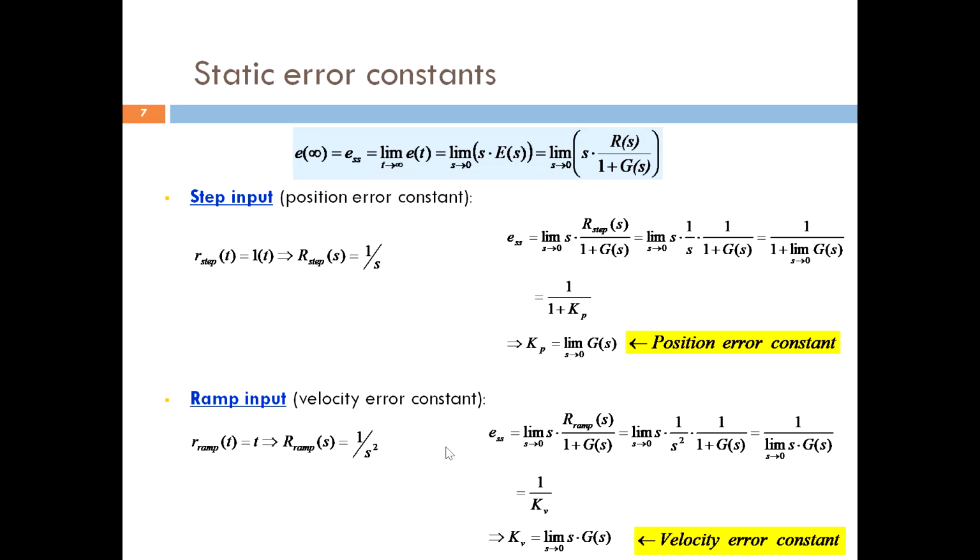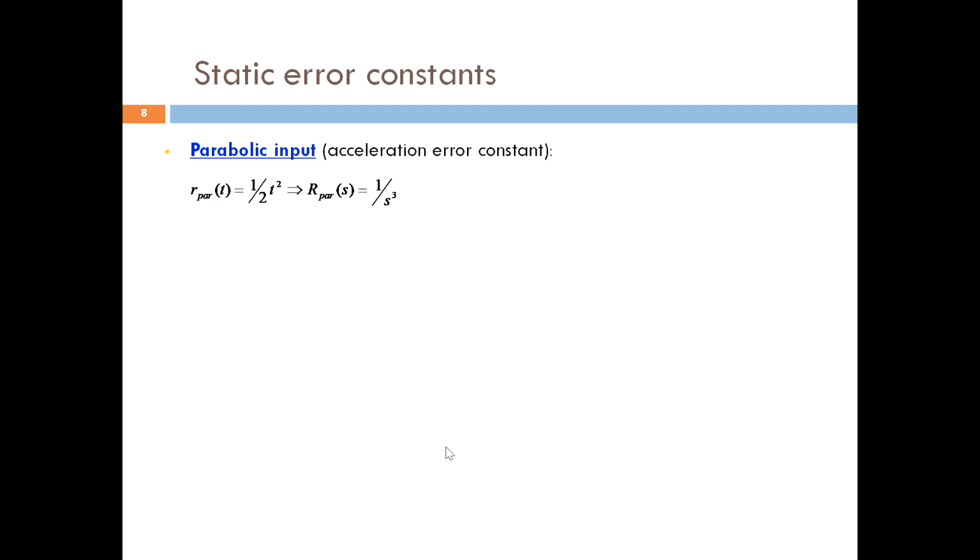Okay, then we look at a parabolic input. So if we are given a parabolic function as a half t squared, the Laplace transform of that is 1 over s cubed.